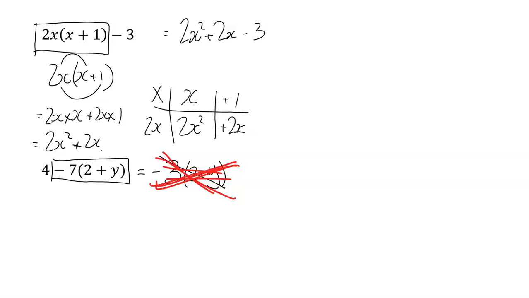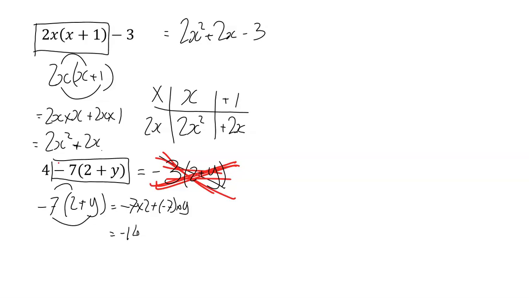Now, a key thing to remember is that this is a negative 7 here. We have to make sure we bear the signs in mind. So if I was doing crab claw, I'd do the crab claw technique using the negative 7 here and taking that into the bracket. And then whatever signs I get out, I can replace them with it. So I'd end up doing negative 7 into the bracket, so I get negative 7 times 2 plus negative 7 times y.